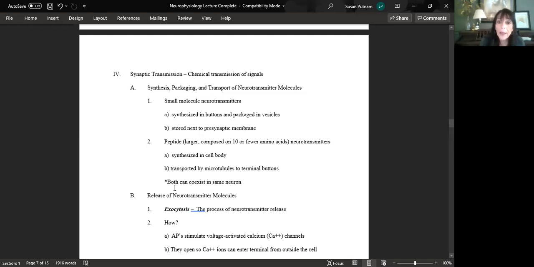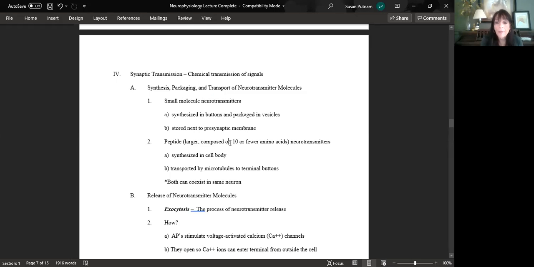And how do they get there? Again, small molecule neurotransmitters have the ability to be synthesized right in the button. That differs from peptide neurotransmitter molecules, which are larger, and these are composed of 10 or fewer amino acids.